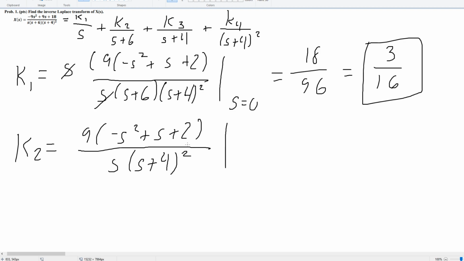Now, to make the s plus 6 zero, you would make s negative 6. That way, negative 6 plus 6 turns into 0, and then it multiplies by this whole thing, and the bottom part will be 0. So this is going to be s is equal to negative 6, right?